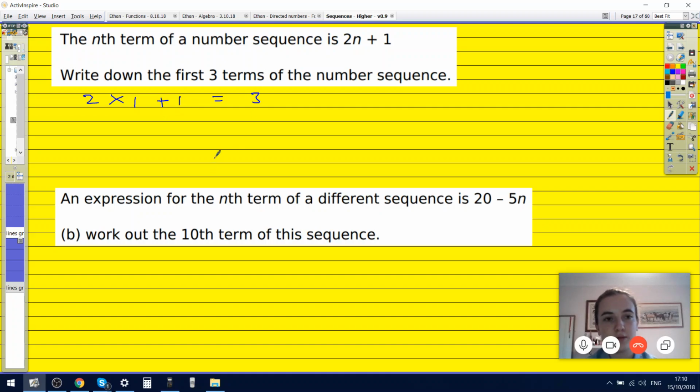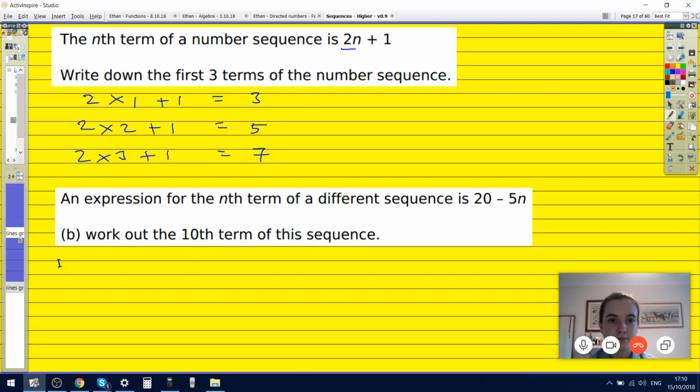And then 2 times 2 plus 1, which is 5. Mm-hmm. And then 2 times 3 plus 1, which is 7. That's it. And you can see they're going up in 2s because the common difference is 2.